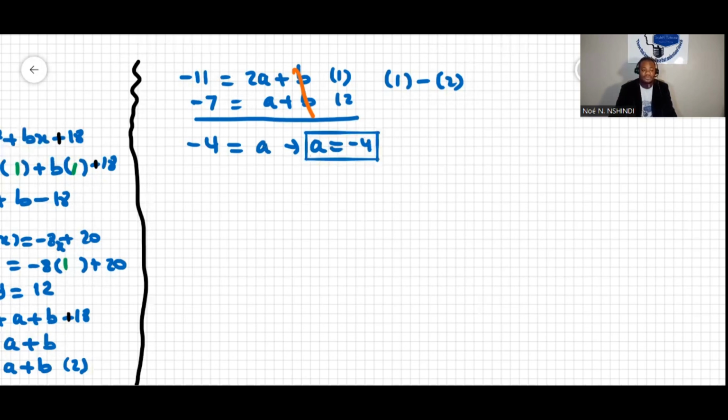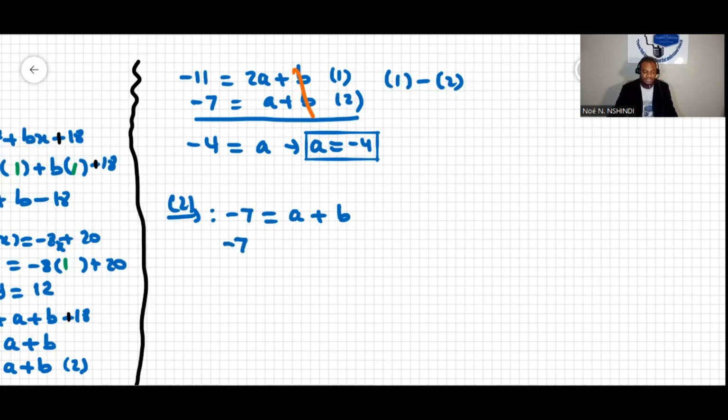Now we need to find the value of b. To find b, we can just substitute the value of a in either equation 1 or equation 2. I prefer to do it in equation 2. From equation 2, we have negative 7 equal to a plus b.